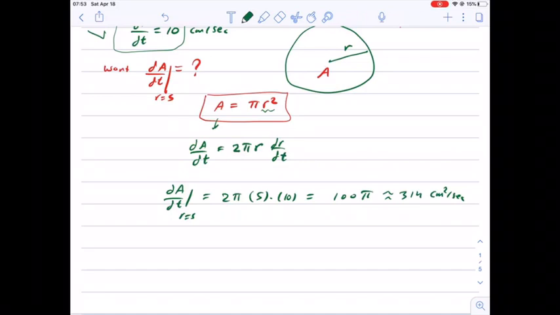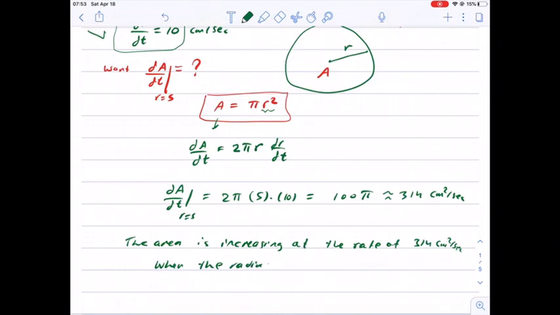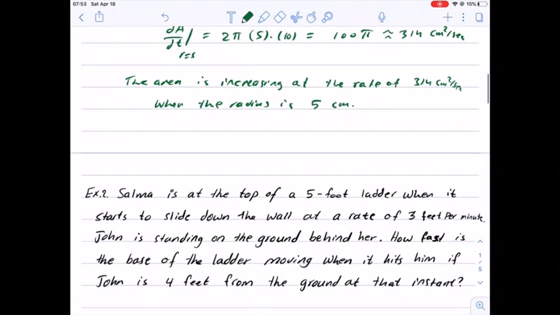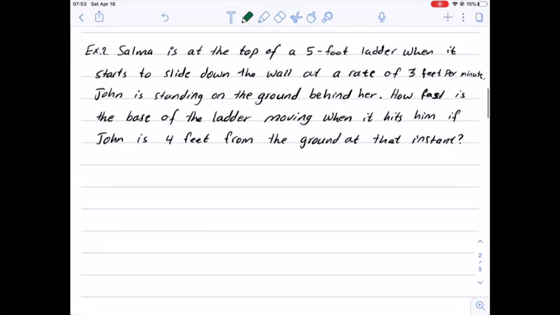That's the rate of change of the area with respect to time. Thus the area is increasing at the rate of 314 centimeters squared per second when the radius is 5 centimeters.